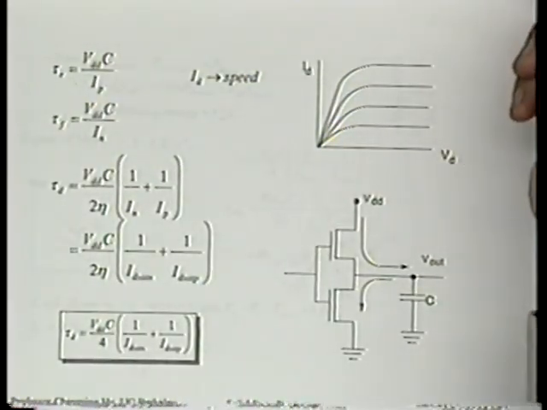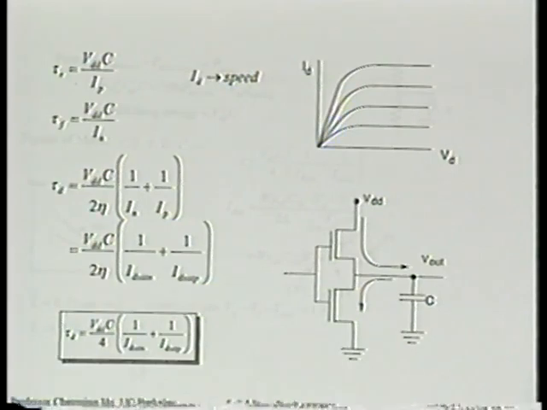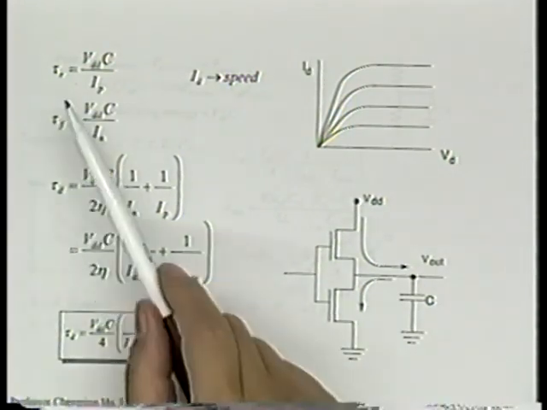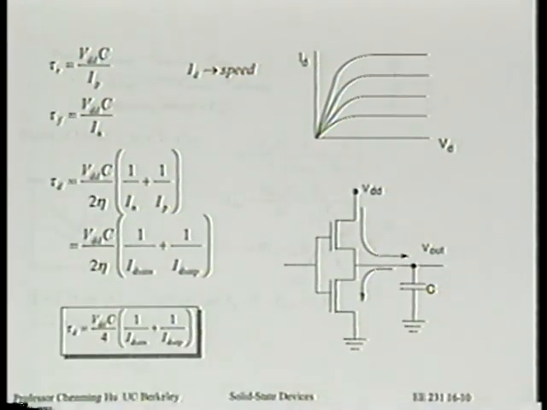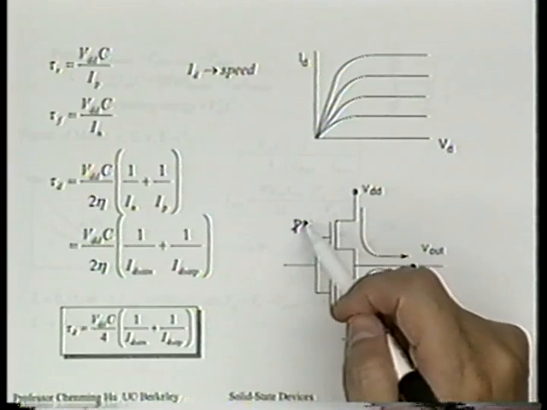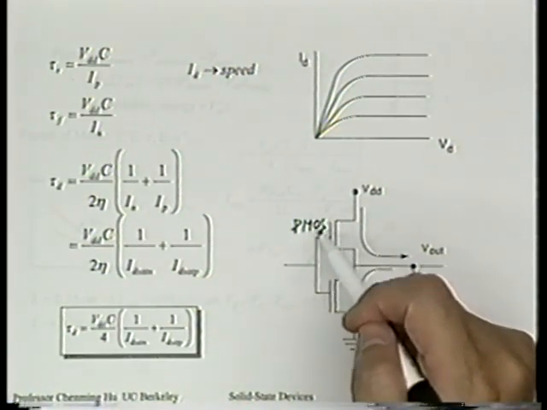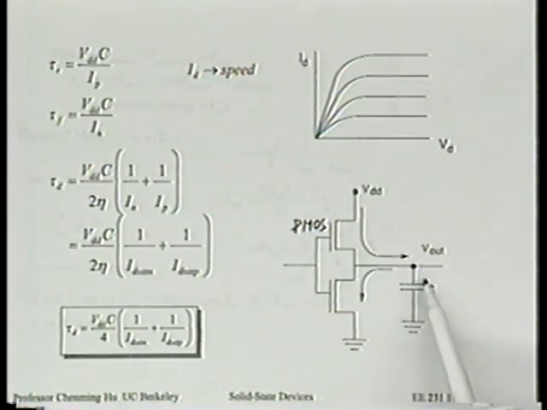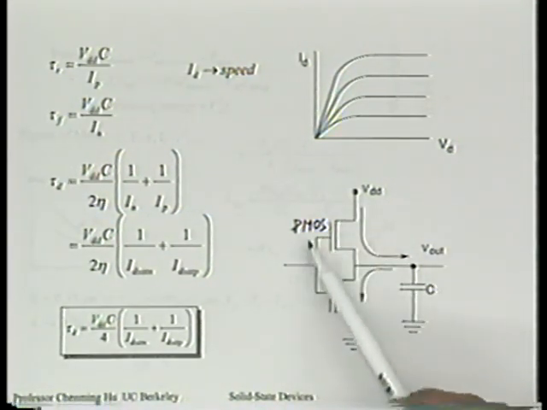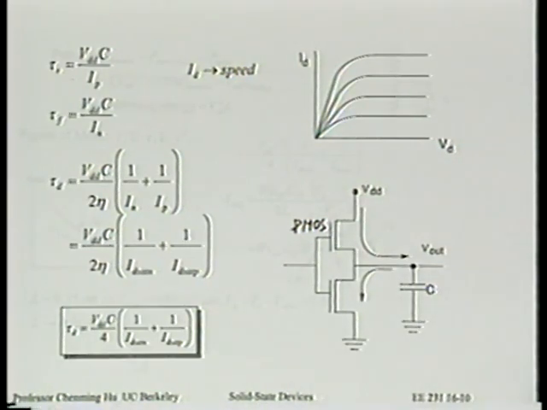Now let's talk about the speed of the circuit. We talk about the rise time and the fall time, and this all refers to the output. Let's think about rise time: the time it takes for the PMOSFET, for this PFET, to charge up this capacitance C. How long does it take for this transistor to charge up this capacitance?